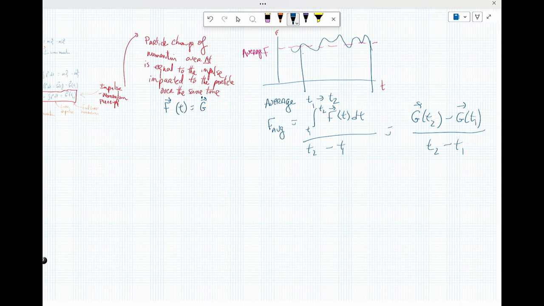And so you often are interested not necessarily in knowing every possible variation on the force over time. You just want to know what the average is over the interval of interest.